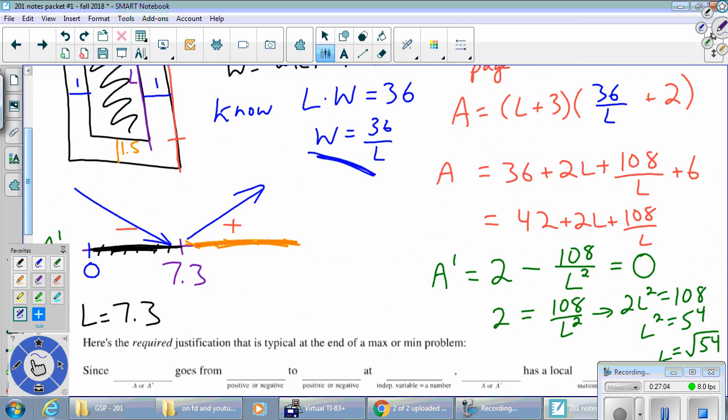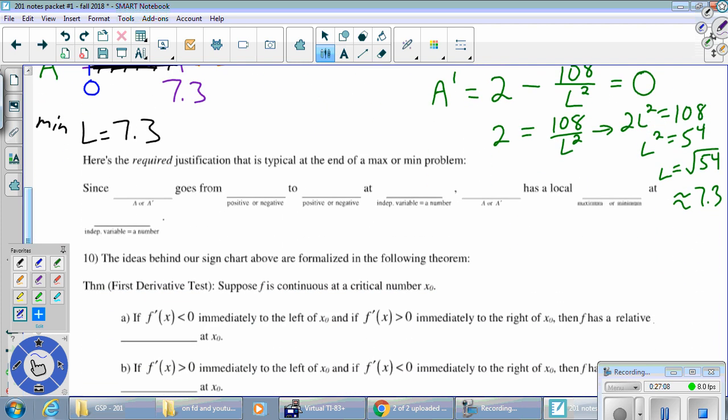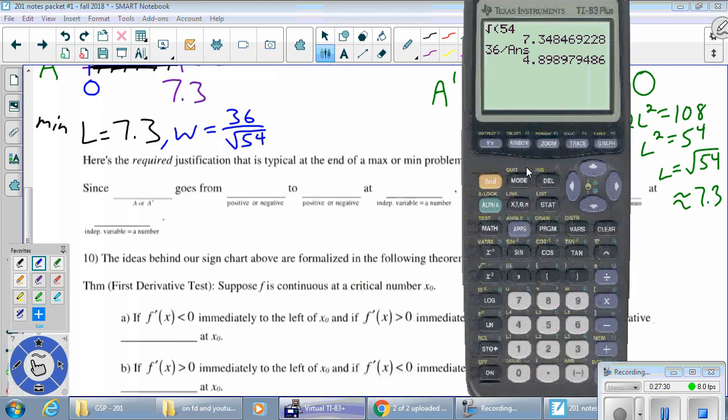It's 36 divided by L. W is 36 divided by, now 7.3 was our estimate. I'm going to put a square root of 54, and I'll just type it in that form. Again, you can clean that square root of 54 up a little bit and reduce, but I'm just going to go decimal land here. 36 divided by the second answer. So we'll say about 4.9.